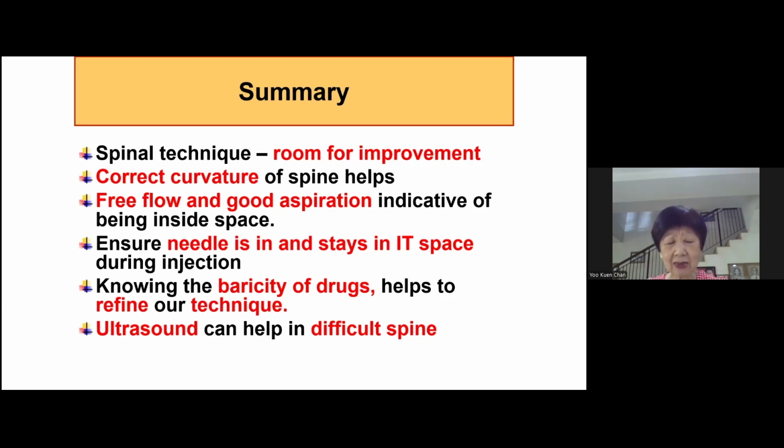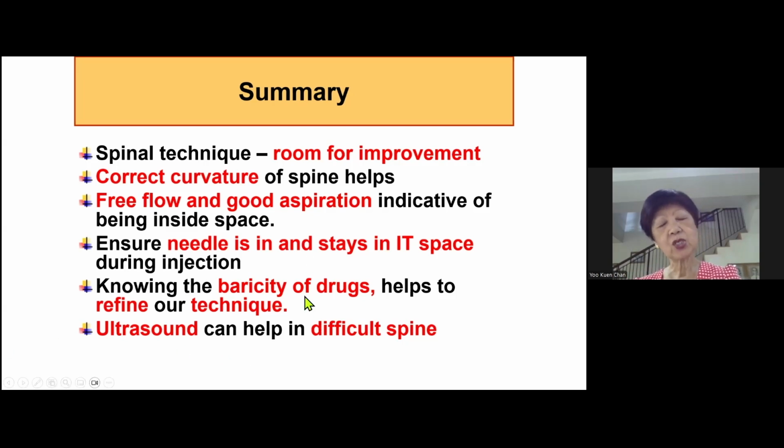And you must learn the art of ensuring that the needle stays with the mother. And any movement on her part should never allow the dislodgement of the needle, and it should stay 100% in the intrathecal space during the injection.